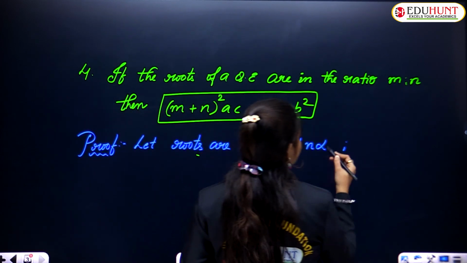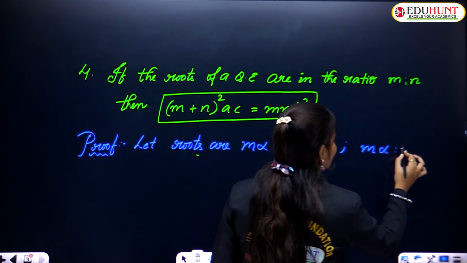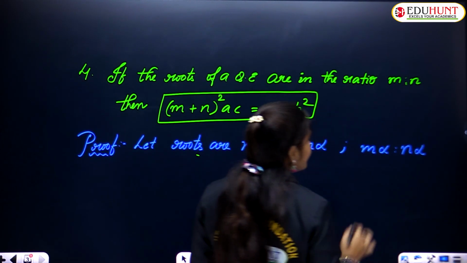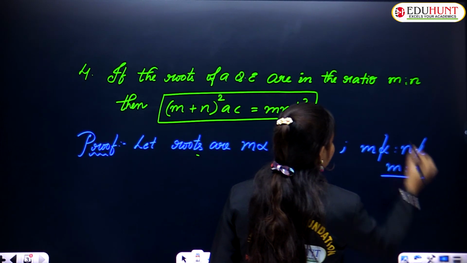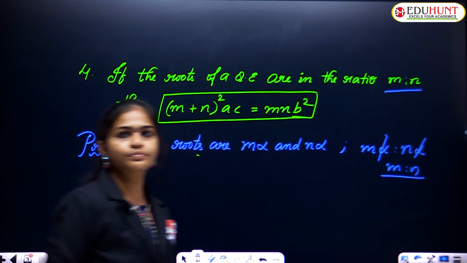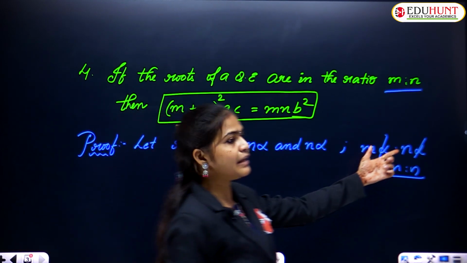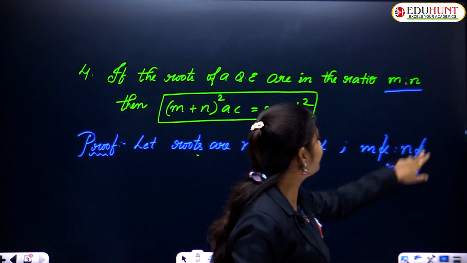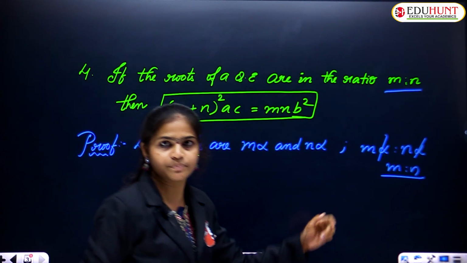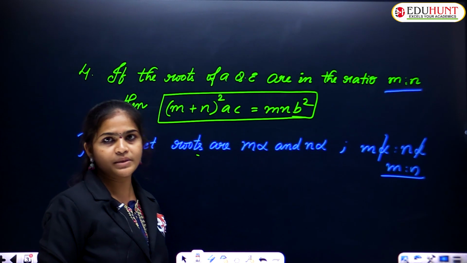If you cancel the alpha and alpha, then we get the m is to n ratio. So these are the roots we took, m alpha and n alpha, and these two roots are in the ratio m is to n.